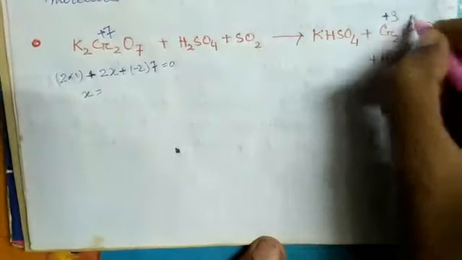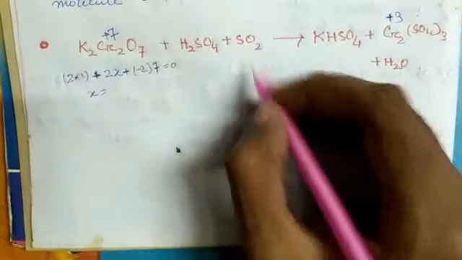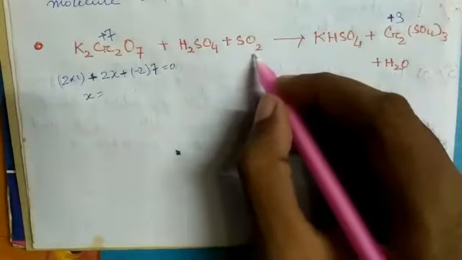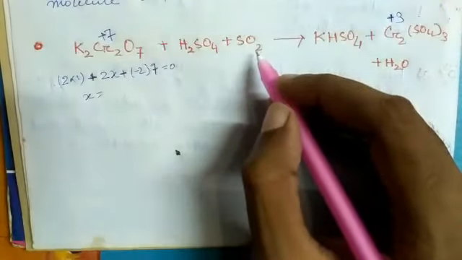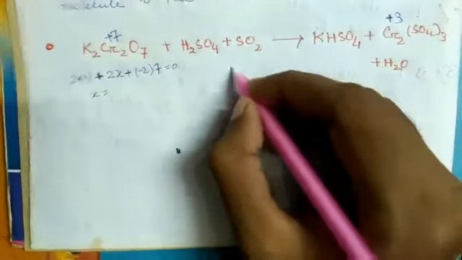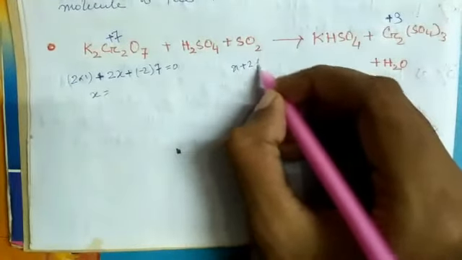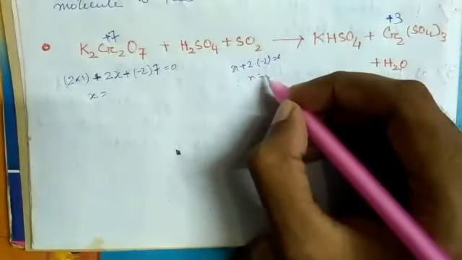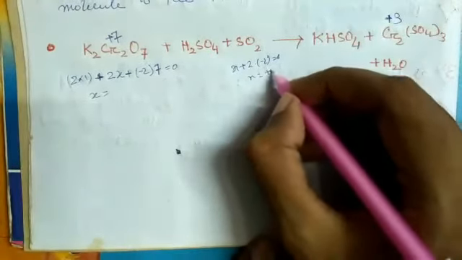Here in SO2, oxygen has oxidation number -2, and here are 2 oxygen, so we write x plus 2 into -2 is equal to 0. That is, x is equal to plus 4. It is plus 4.